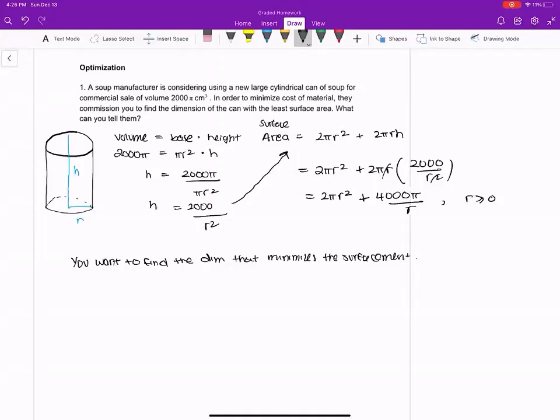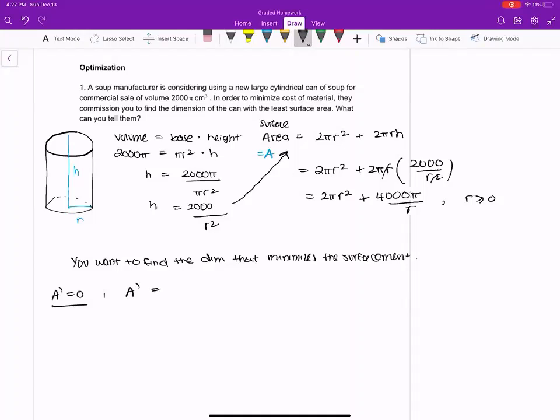How do you do that? You essentially want to find the critical points. So let's say your surface area equation is defined by A. You want to find A prime and set it equal to 0, and this would give you your critical points. So let's do that. First, let's find A prime.